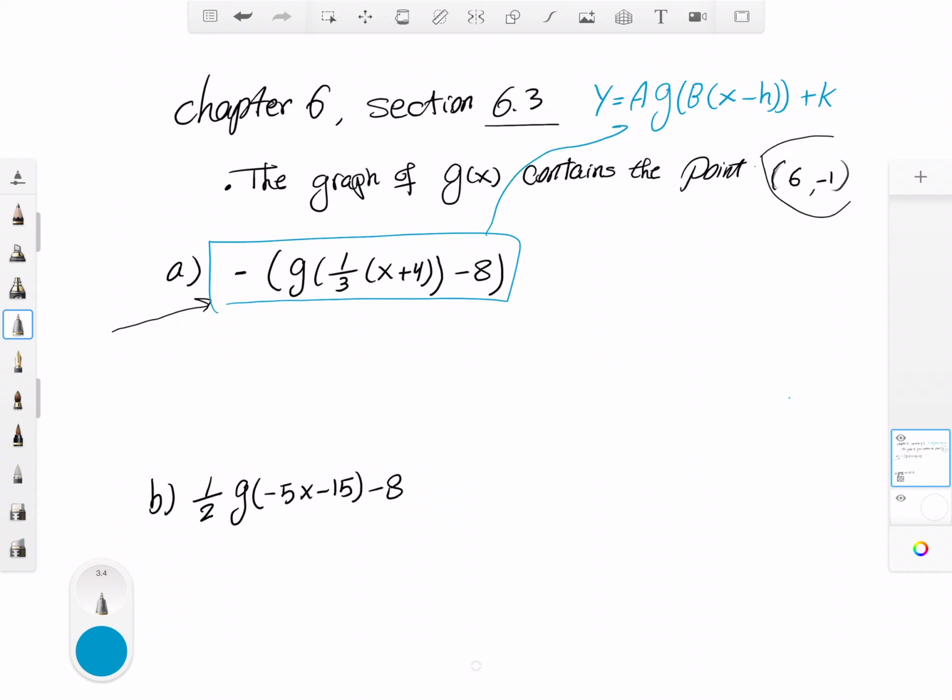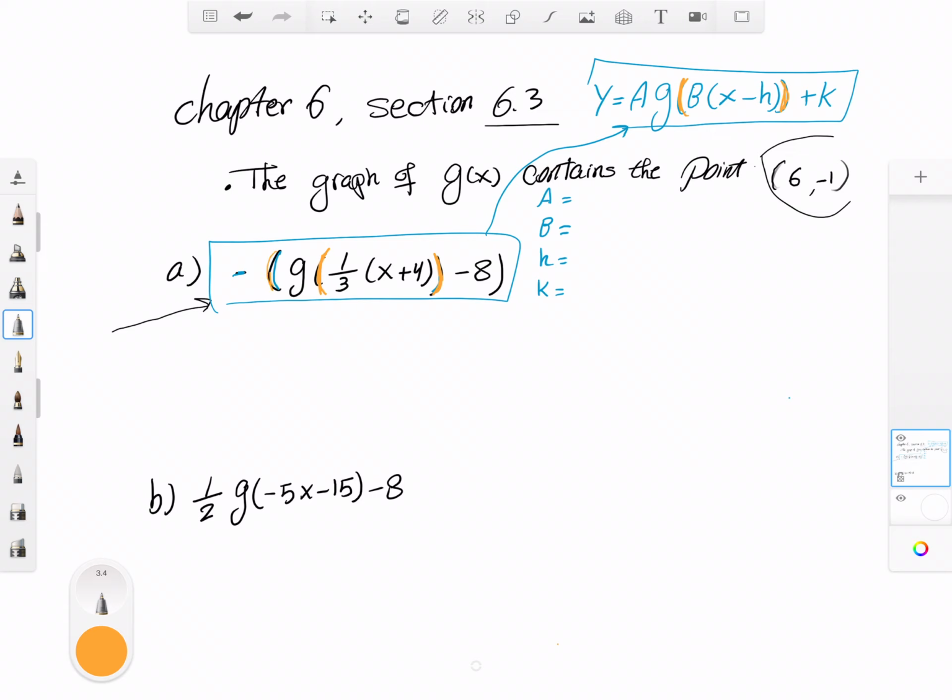In order to answer this question, we need to make this exactly in this form. And in our note sheet, we know what A should do, what should we do with B and H and K. So I'm going to make part A exactly this format. I see a parenthesis here, which is good.